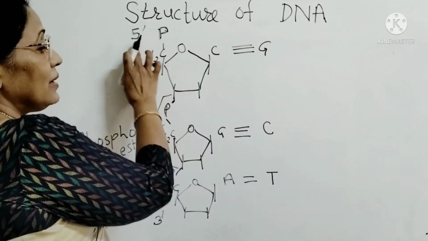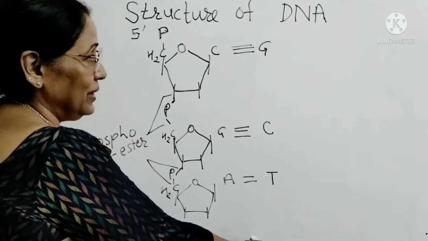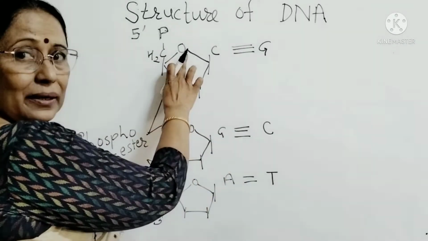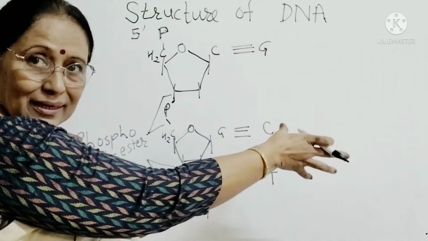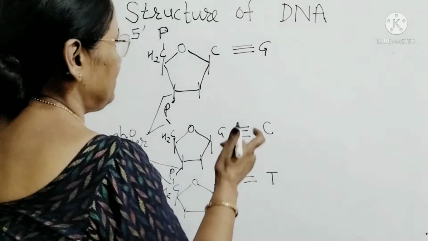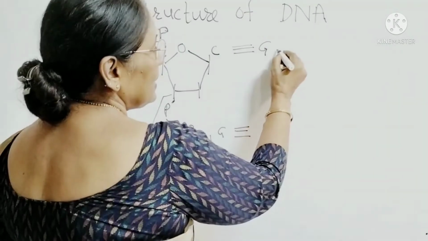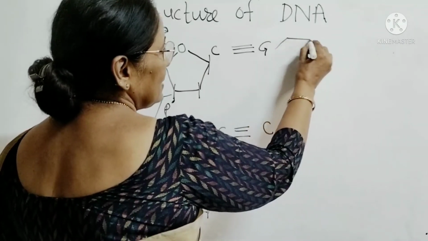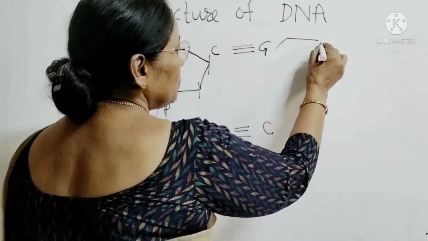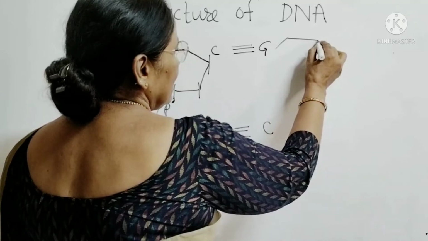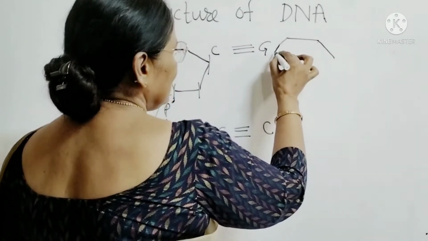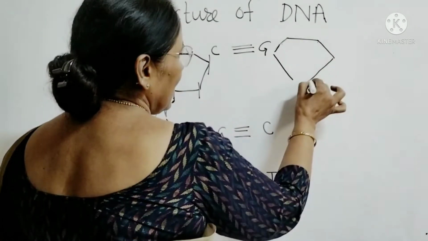That means if the 5 end is here for this one, the 5 end of the other will be on this side. So you have to turn the oxygen around and draw it this way. So this is G, that is the C1 position. From here you take 1, 2, 3, then 4 and then it comes to 5.